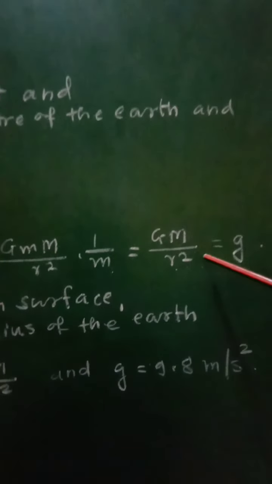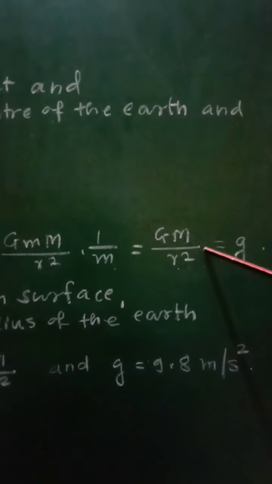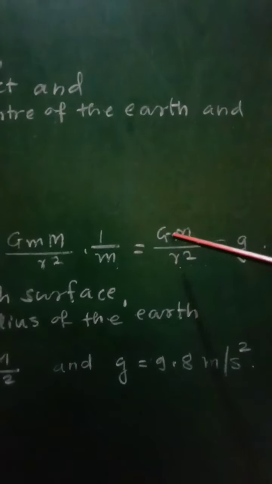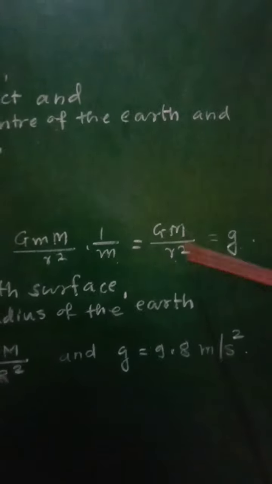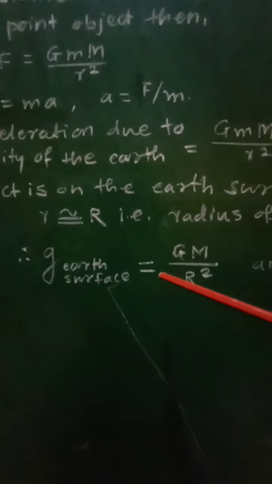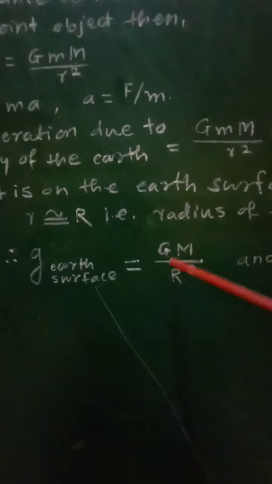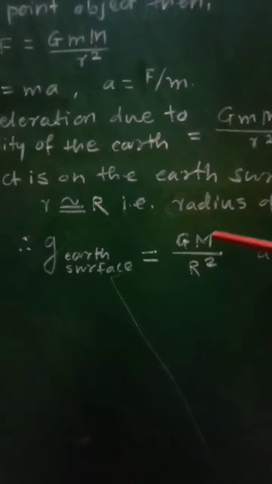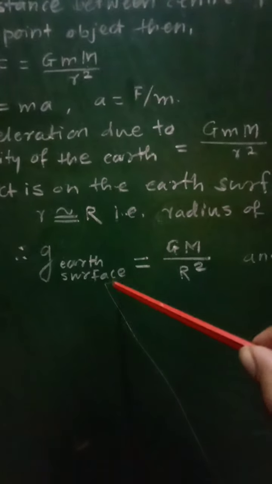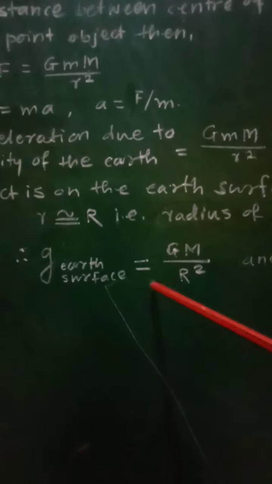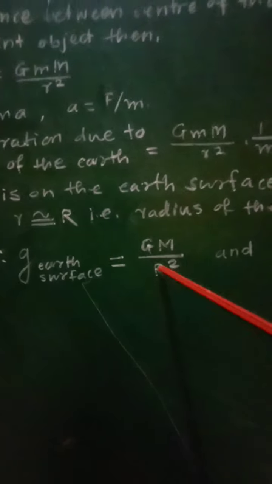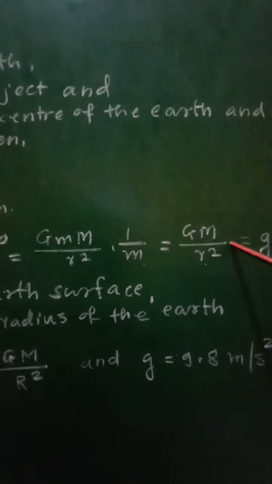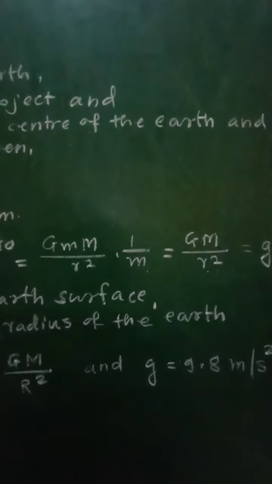So above the Earth's surface or below the Earth's surface, we can determine the value of acceleration due to gravity by using GM by r square, and on the Earth's surface we can calculate it by using GM by R square. That means the second formula will be useful if the object is present on the Earth's surface, and the first formula will be used when that object is not on the Earth's surface. It may be above the Earth's surface.